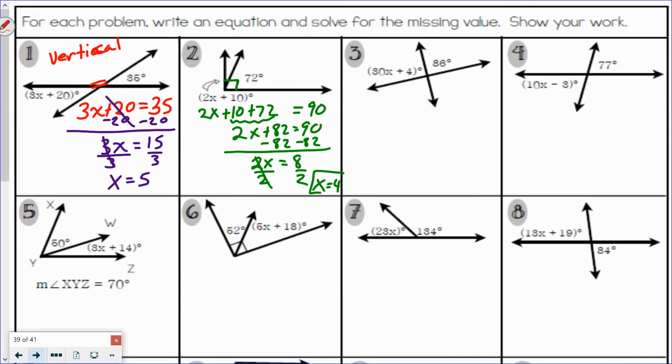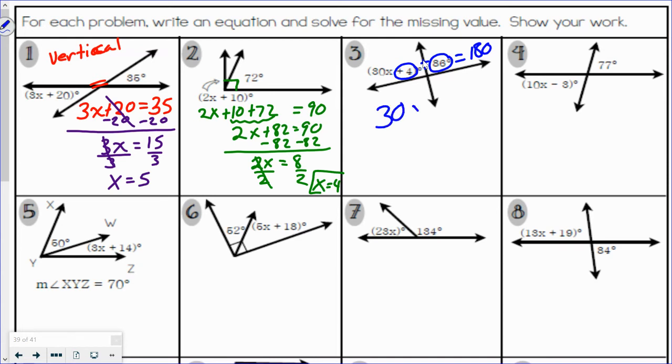All right, number 3, we have a straight line with 2 angles. If we have a straight line, that means you're going to add these 2 and equal it to 180. So I need to combine my 4 and my 86.